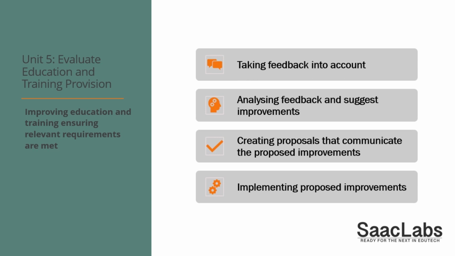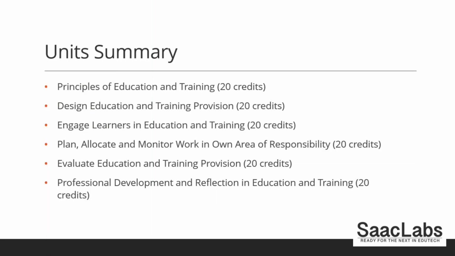So as I said, Unit 5 will be all about evaluation and how we do that. Unit 4, as I just said, is all about how you plan, allocate, and monitor work in your own area of responsibility. And Unit 5 is all about evaluating education and training provision.